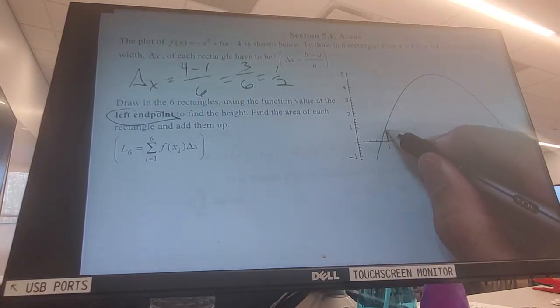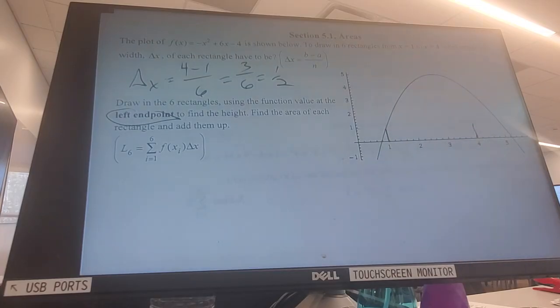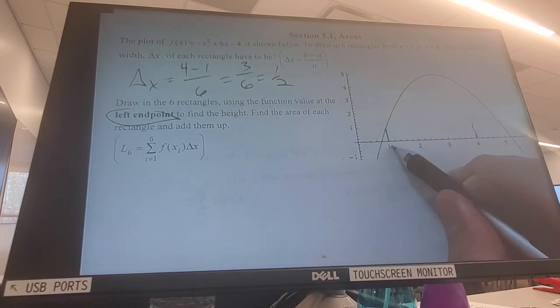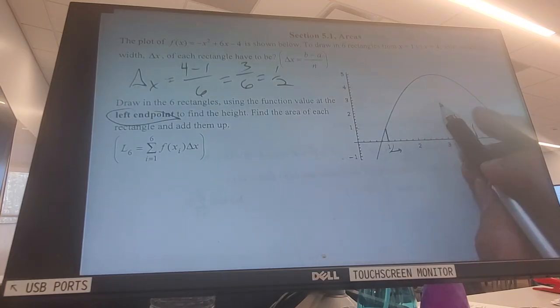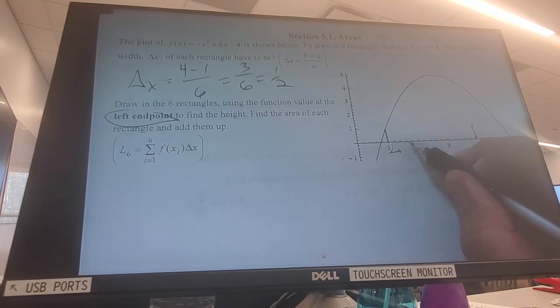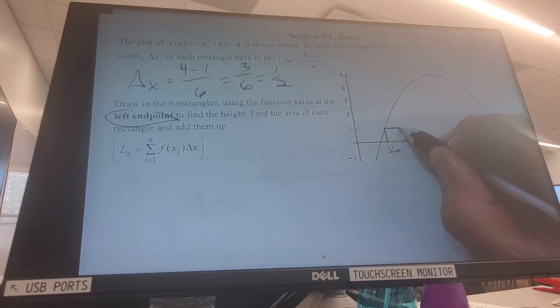So it's exactly 1 tall. Where am I going to draw it to? Where am I going to stop and go down? Not 1/2. 1 and 1/2. Good. So let's see that. 1, 2, 3, 4, 5. Okay. So it's right here, I think. So I'm going to go like that. There's my first little rectangle.